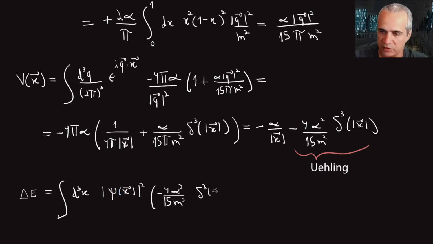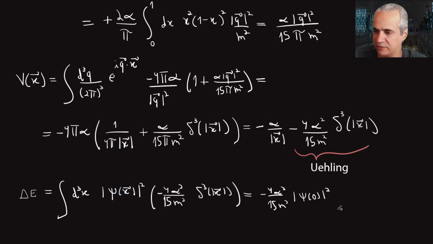And of course, since this correction only cares about the zero component, this is just minus 4 alpha squared over 15 m squared, times the wave function at 0. It will only affect states that have a non-zero component at the origin, and that means the S wave states for the hydrogen atom.